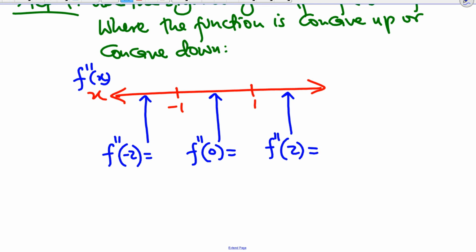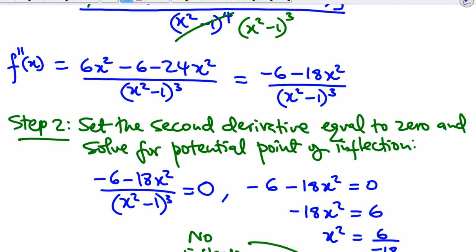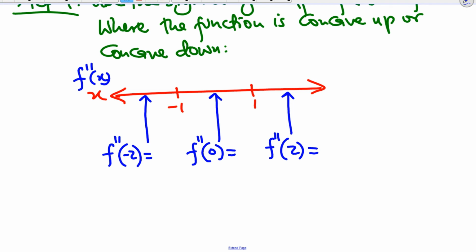Now if you plug this into the second derivative, this guy here, what you shall end up with for negative 2 is negative 26 over 9. You can just use your calculator, that will be 6, and that will be negative 26 over 9.